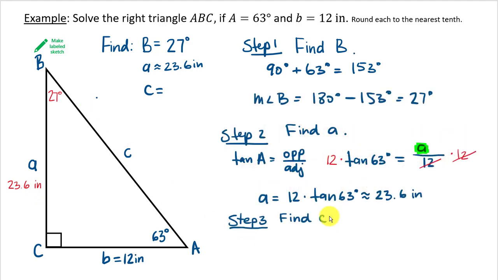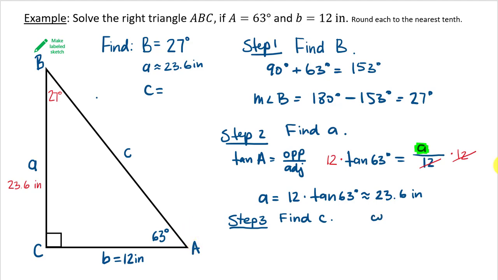Okay, so let's perform step 3. Let's find C using triangle trigonometry. Now, the given side is the adjacent side for the given angle. But what is side C? Well, that is the hypotenuse. Which definition of the trigonometric function involves adjacent side and hypotenuse? Well, that is the cosine function.